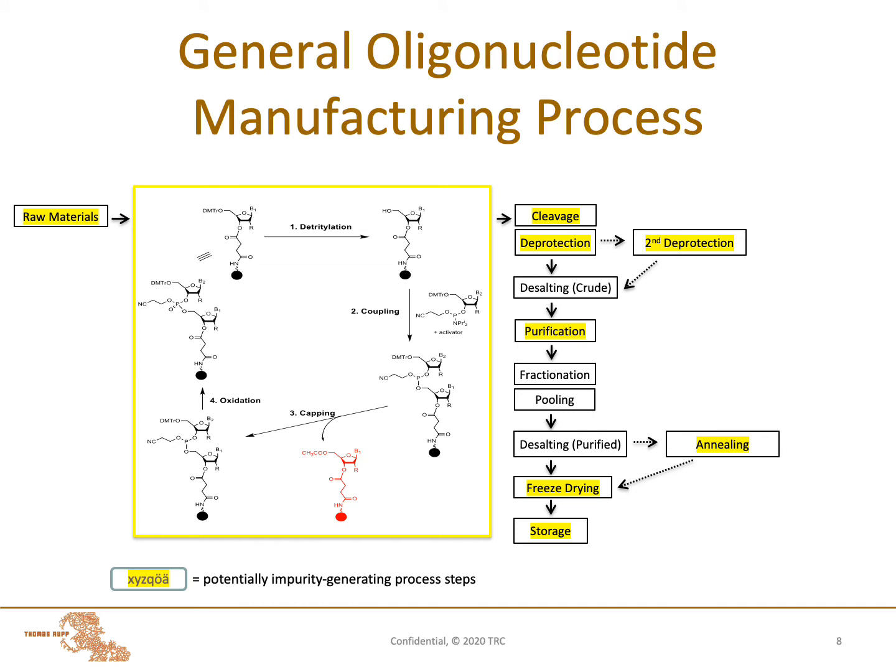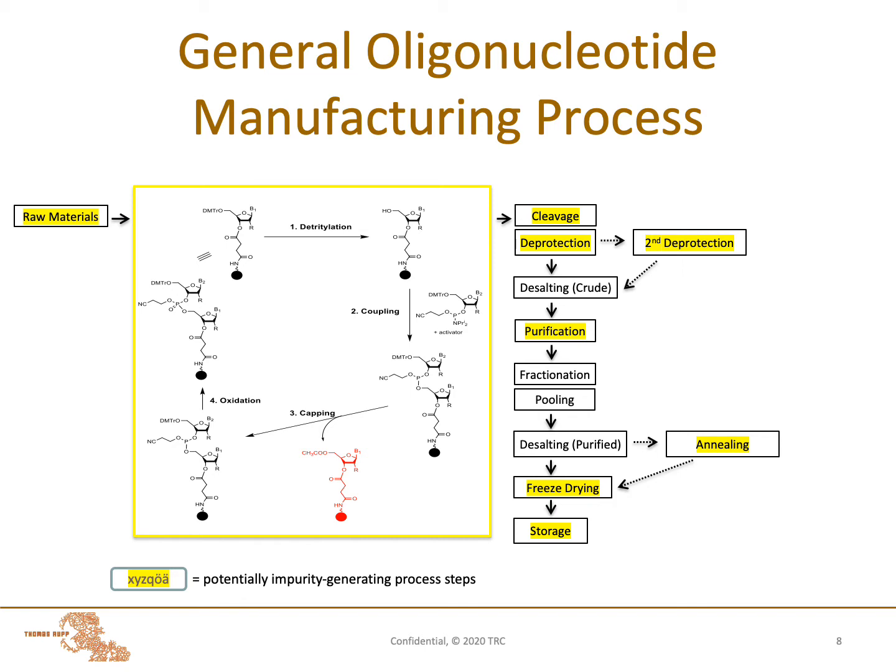If we look at the general oligonucleotide manufacturing process in a more visual way, you have the raw materials here on the top left corner. You have the synthesis cycle here. Following the synthesis is cleavage and deprotection. In case of RNA, a second deprotection, then a crude desalting or precipitation, depending on the process.